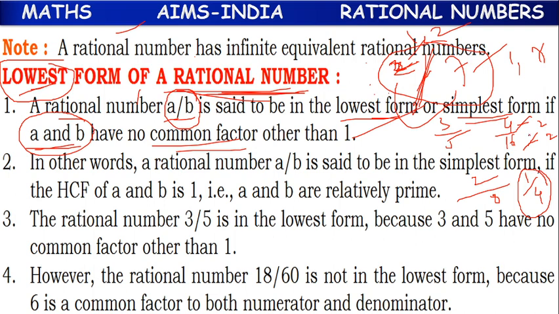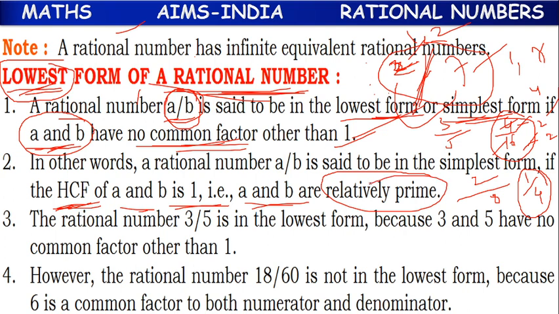So 1 by 4 is the simplified form of 4 by 16, because 4 and 16 are not co-primes; they have other factors 2 or 4. So a rational number a by b is said to be in lowest form, or simplest form, if a and b have no common factor other than 1, or if they are co-primes, or their highest common factor HCF of a and b is 1, or a and b are relatively prime.